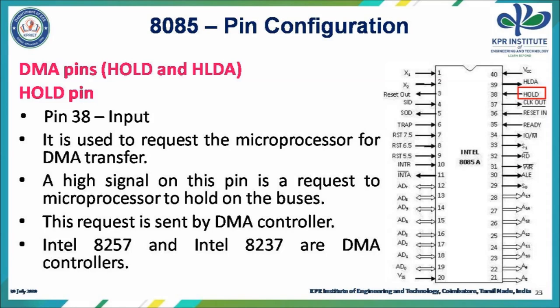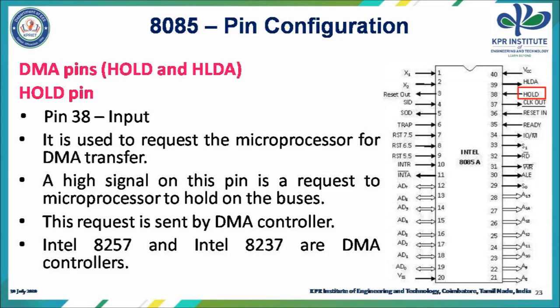So, this is the normal operation. Direct memory access is where, without sending the data to the processor, the I/O device directly sends the data to memory. That is, accessing the memory without sending the data to the processor is called direct memory access.